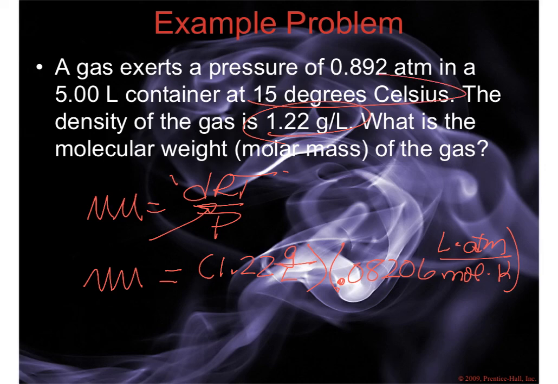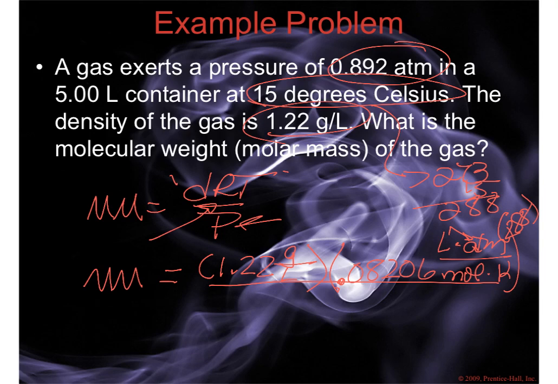So it's 15 degrees Celsius. I know that has to be in Kelvin, so that is 288 Kelvin for temperature up here. And then all of that needs to be divided by pressure, and I need atmospheres based on the R value I'm using. So here we go. They were nice and gave it to us in atmospheres, 0.892 atmosphere.